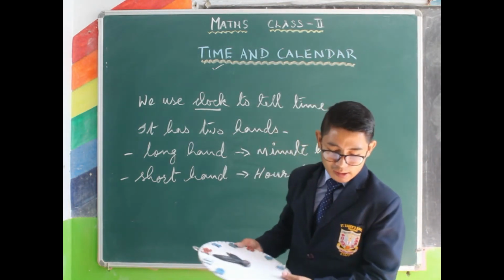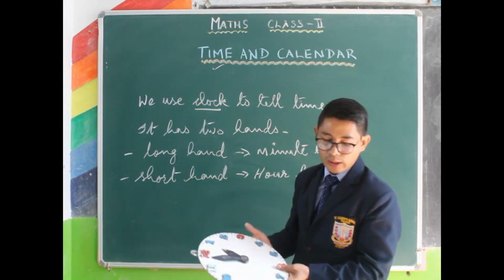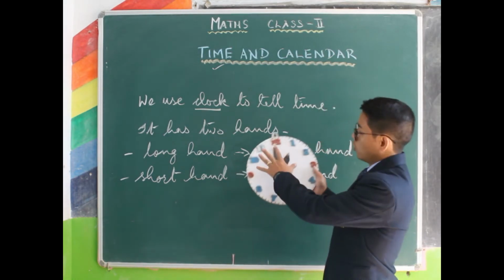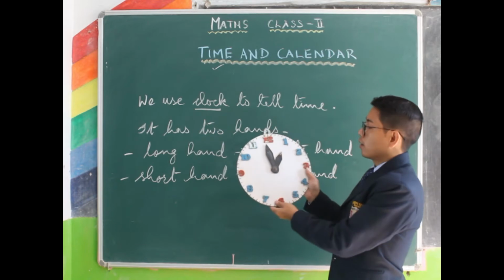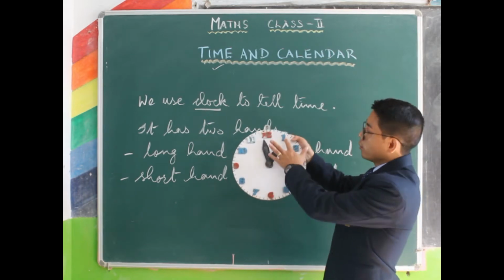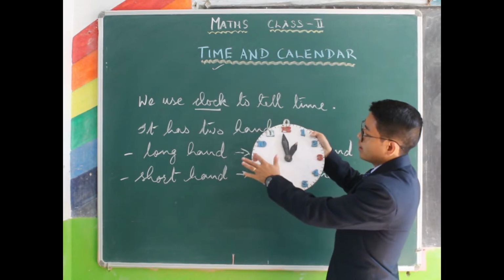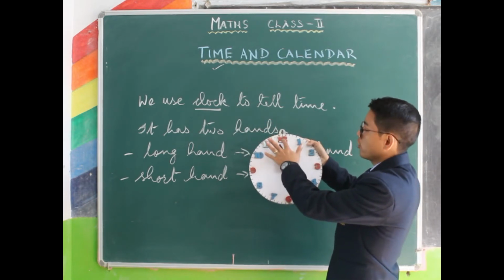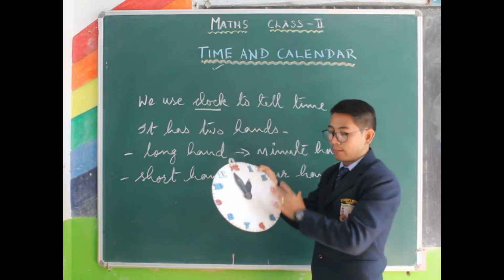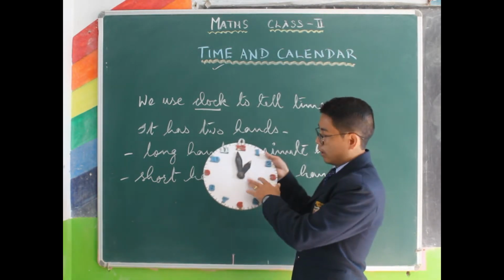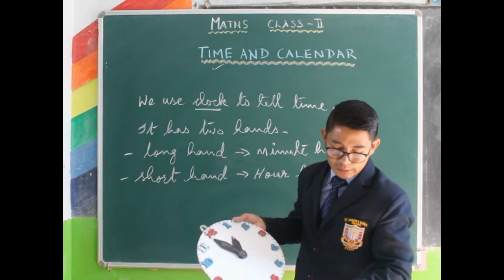Now the clock has numbers from 1 to 12 on its face. You can see 1, 2, 3, 4, 5, 6, 7, 8, 9, 10, 11 and 12.